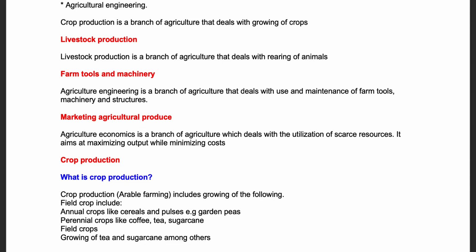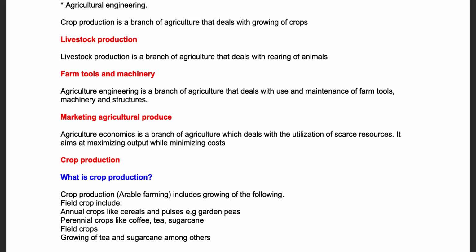Agricultural engineering is a branch of agriculture that deals with use and maintenance of farm tools, machinery and structures. Agricultural economics is a branch of agriculture which deals with the utilization of scarce resources. It aims at maximizing output while minimizing costs.